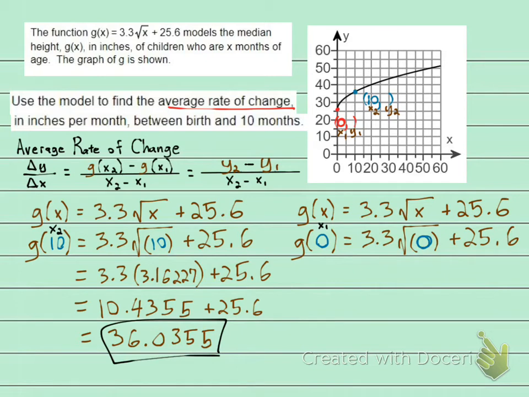Now this one's a little easier to calculate because the square root of 0 is 0. 3.3 times 0 is also 0. So we get 0 plus 25.6, and that gives us 25.6. Okay, this is going to go right here.